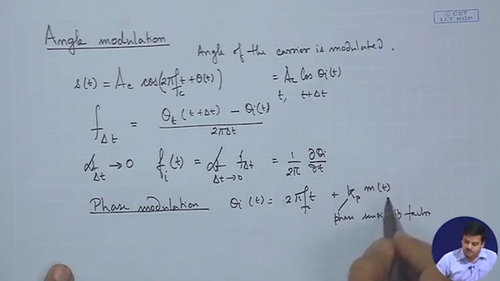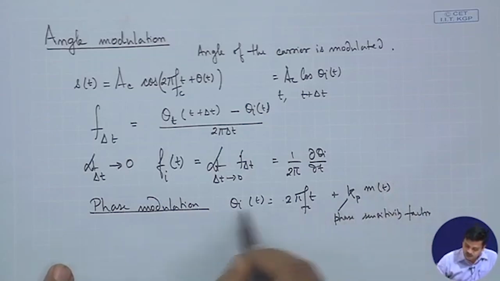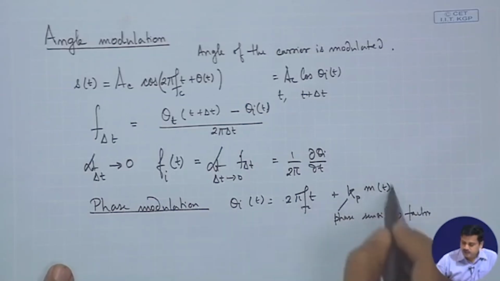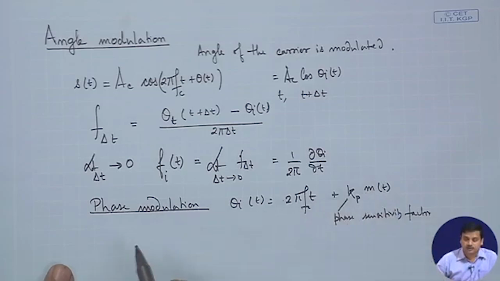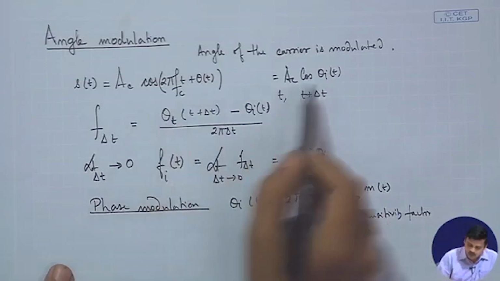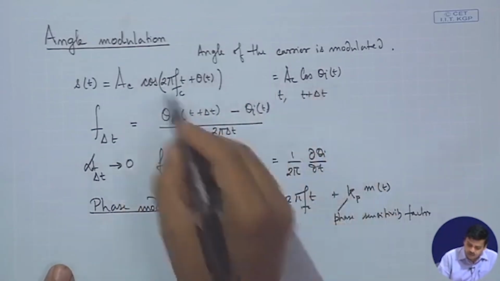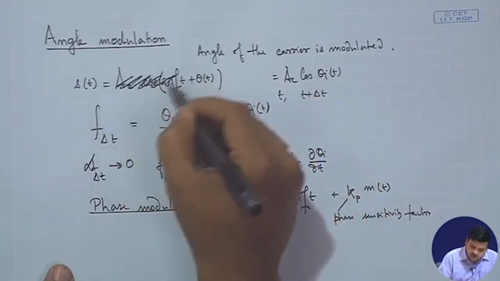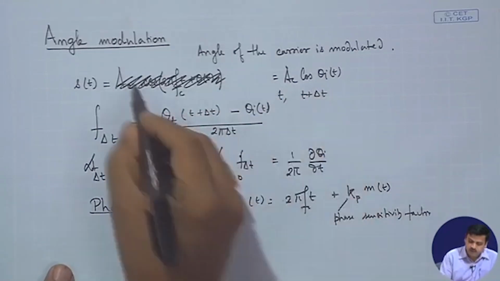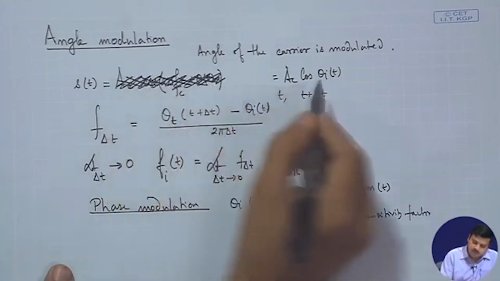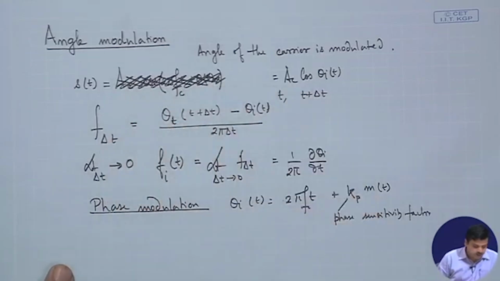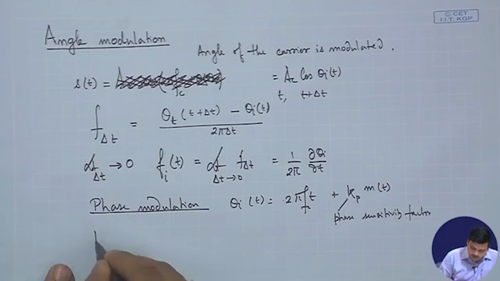This is what you have studied before. Now, this change primarily depends upon the rate of change of the signal. So, this is the general form of angle modulation. We would rather write this as the general form of angle modulation, so that we discriminate phase modulation from frequency modulation.